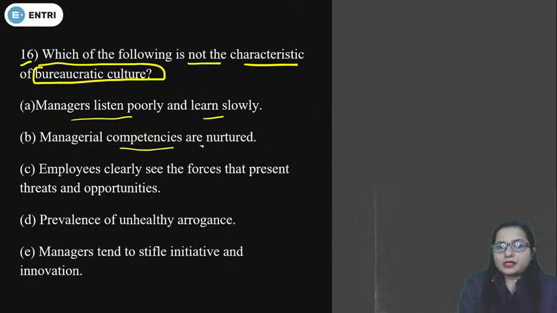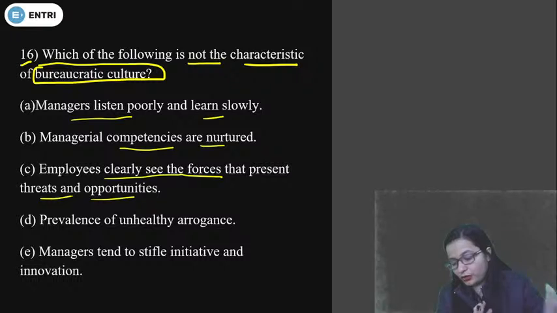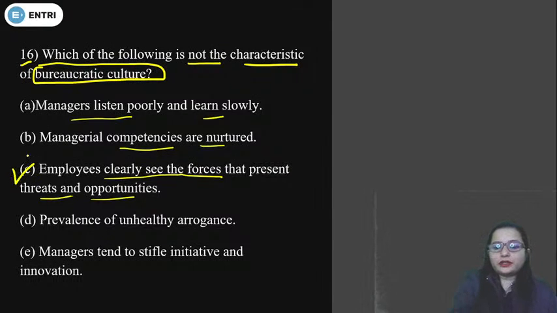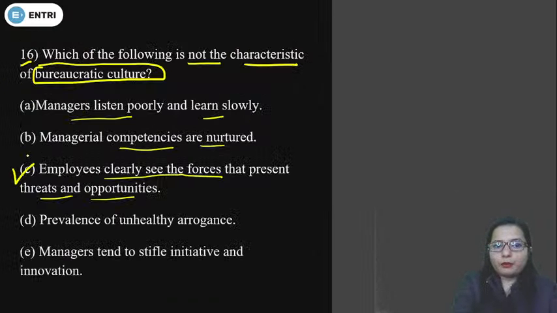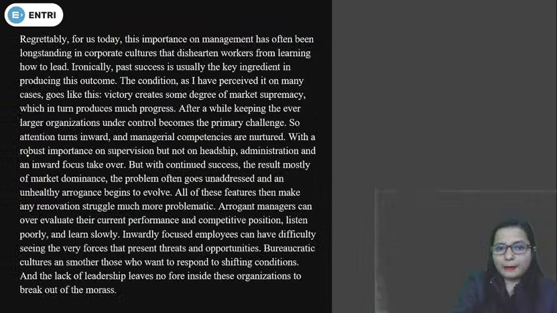Managerial competencies are nurtured. Employees clearly see the forces that present threats and opportunities. So as you can see in your passage, this is given here in the last thing. Employees clearly see the forces that present threats and opportunity.